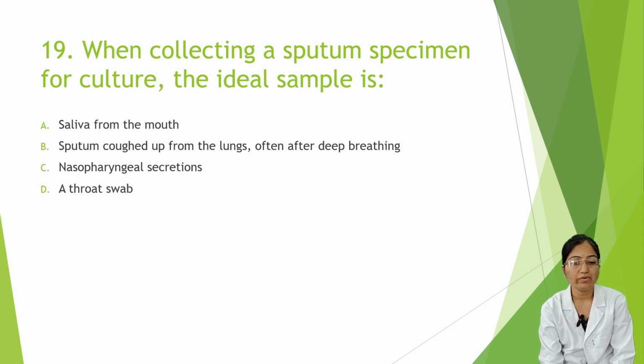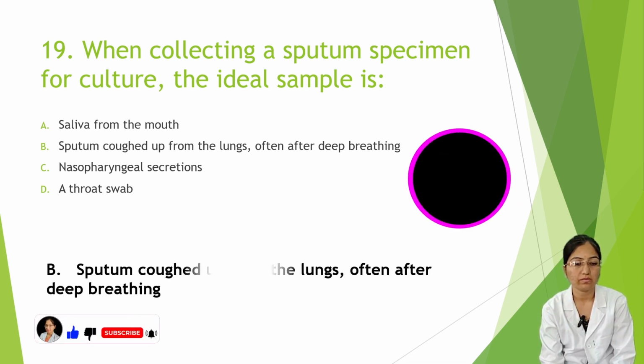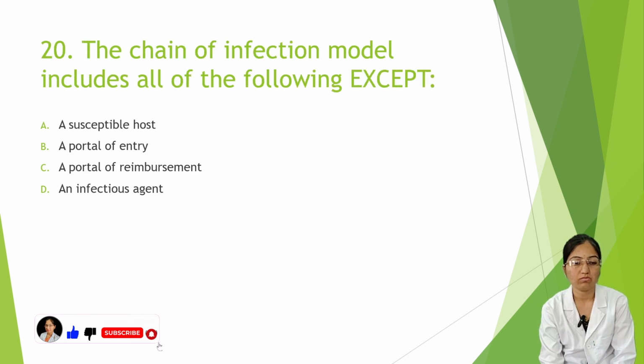Next question. When collecting a sputum specimen for culture, the ideal sample is. Right option is B, that is sputum coughed up from the lungs, often after deep breathing. Next question.